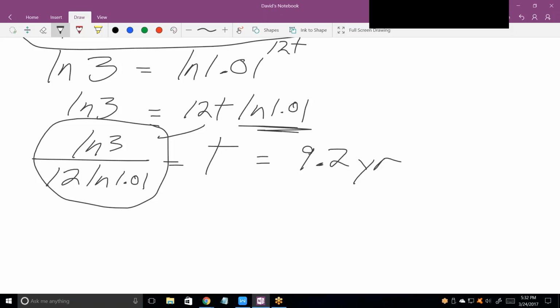And notice how astounding that is. 12% a year times 9 years is only 108%. And yet, because of the compounding, you're actually getting almost 3 times on your money. It's going from 10,000 to 30,000 in 9 years.